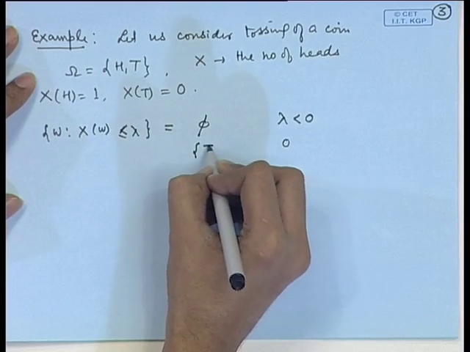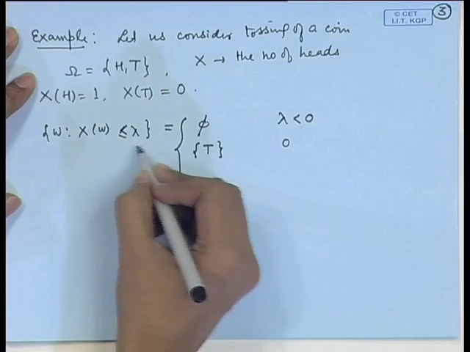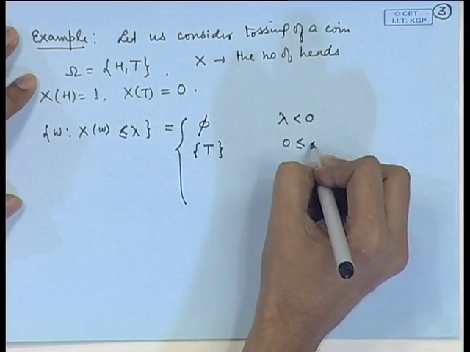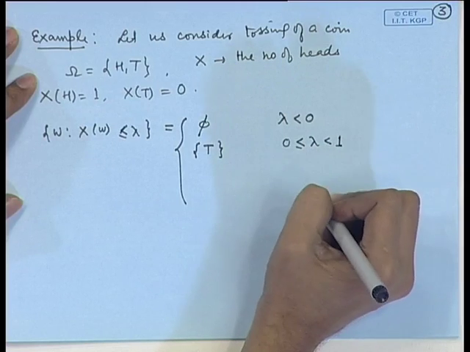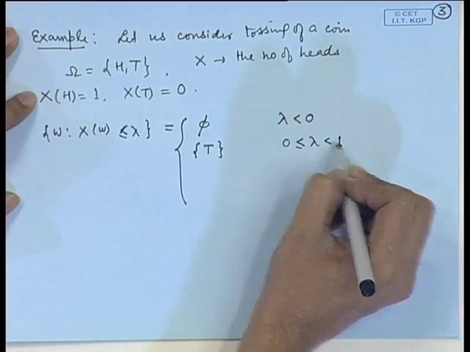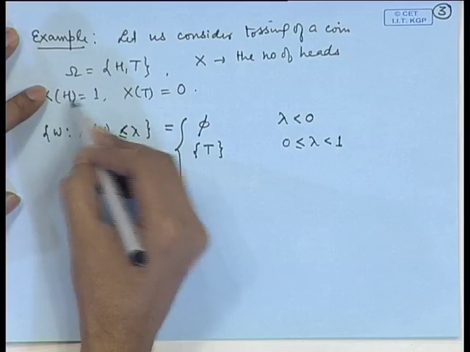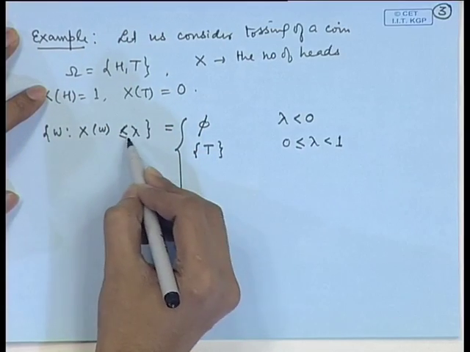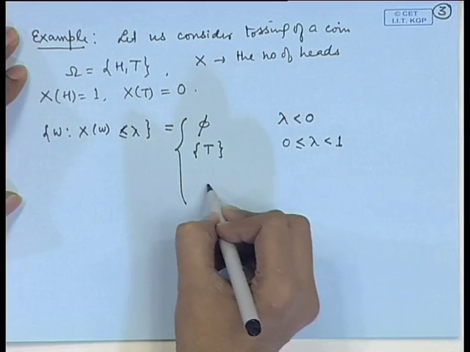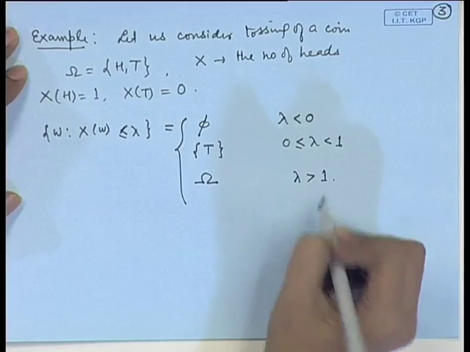That means, there is a point here which is satisfying the condition that X(omega) is less than or equal to 0. You can observe that this condition remains true for lambda up to, strictly less than, 1, because the next value that the random variable takes is equal to 1. So, when it eventually takes 1, then there are 2 points, that is H and T, which satisfy the condition that X(omega) is less than or equal to 1 or any point above that. So, this becomes full omega for lambda greater than or equal to 1.